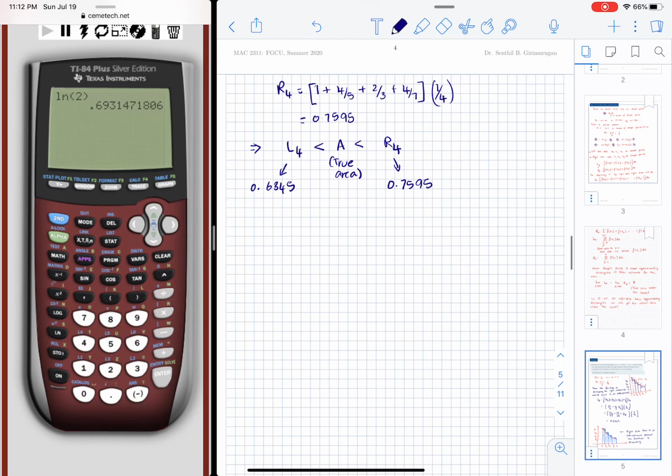And I know the actual area for this. We will talk about this later. So the true area is 0.6931, and you can see that clearly lies between the lower sum and the upper sum. So this true area is given to you.